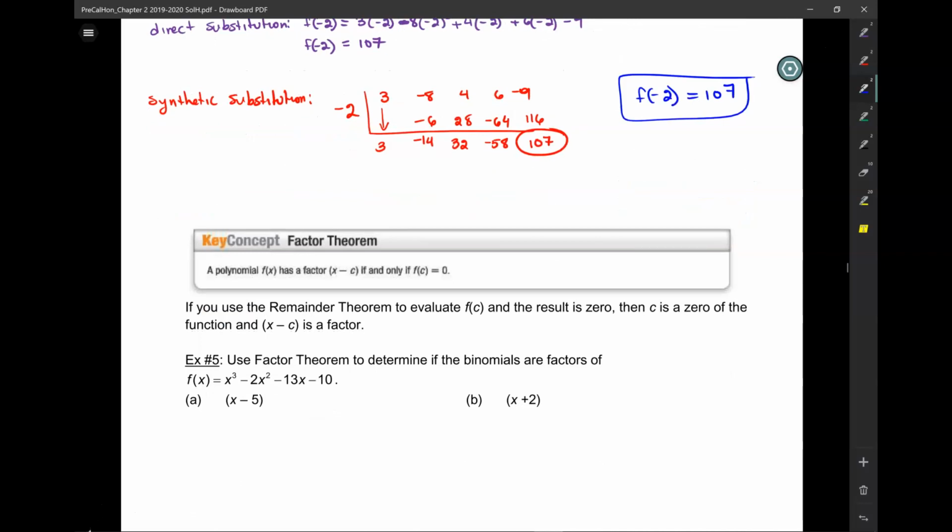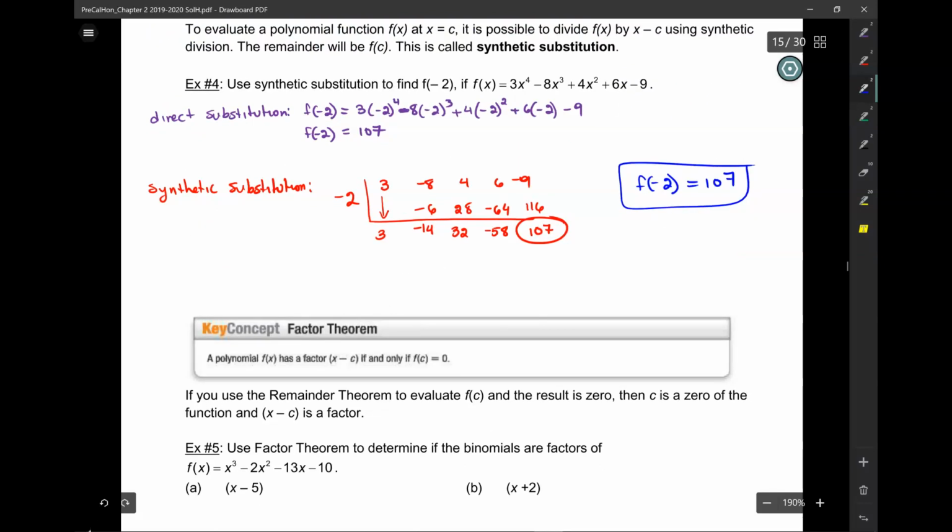Okay, so we divided, and the remainder is f of negative 2. Now suppose this number, which we now know is f of negative 2, was 0.